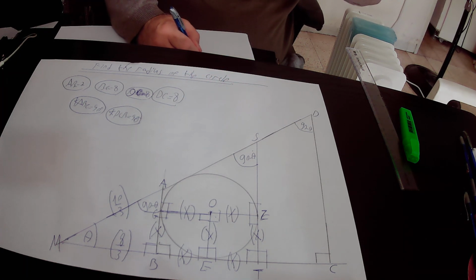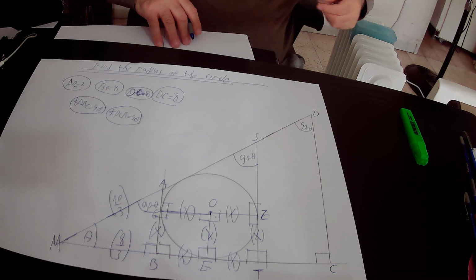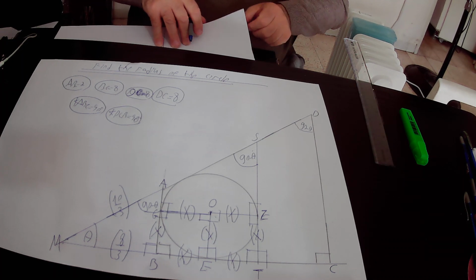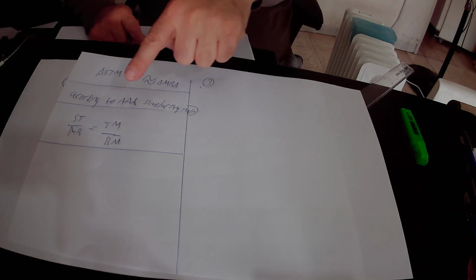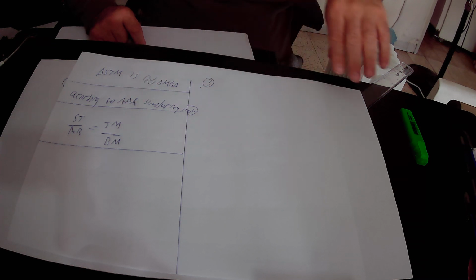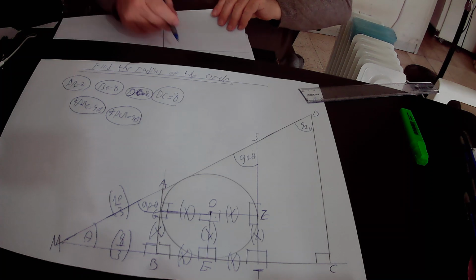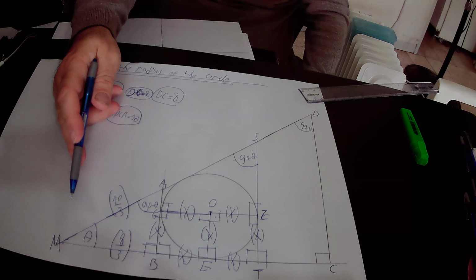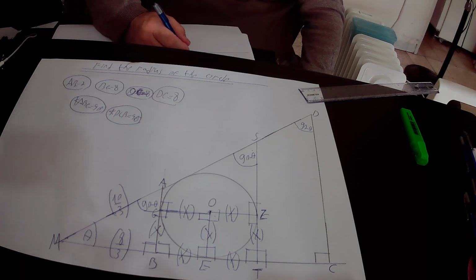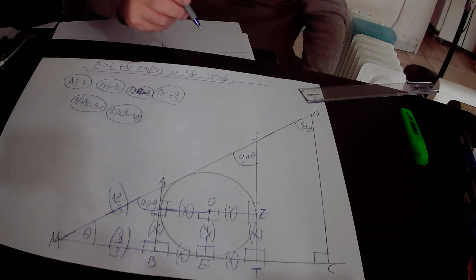Repeat again. We will derive that ST over AB equals TM over BM, and it also equals side SM in the big right triangle STM over side AM in the small right triangle MBA.